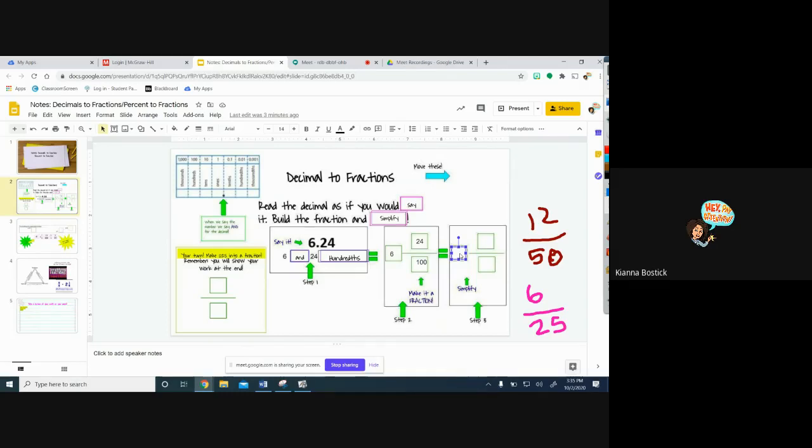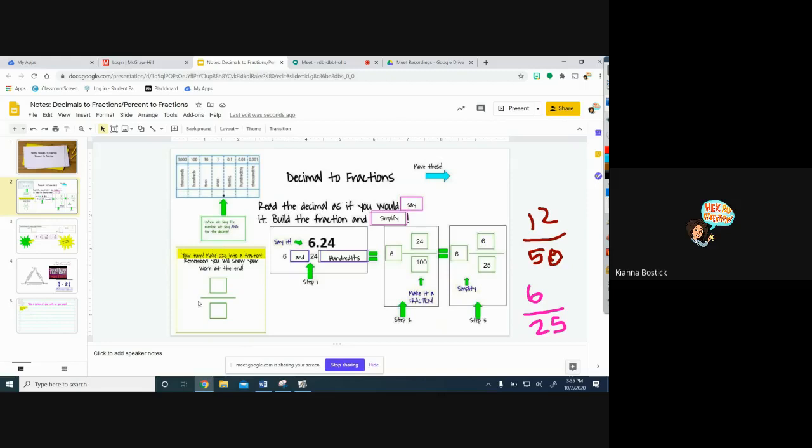So I'm going to leave it as 6 and 6 twenty-fifths as our answer. Our whole number stays the same throughout. So we have 6 and 24 hundredths, or 6.24, and we simplified it down to 6 and 6 twenty-fifths.